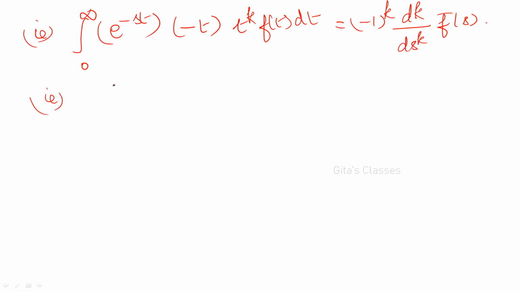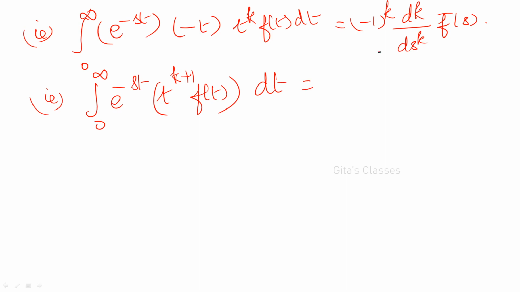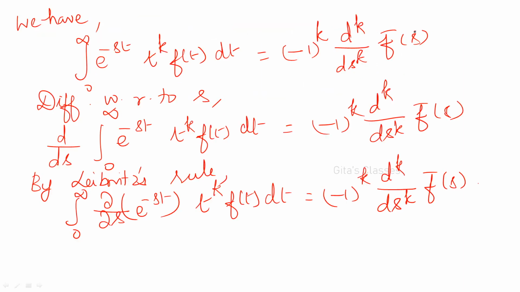Now I am going to combine this, that is integral 0 to infinity e^(-st) t^(k+1) into f of t dt, and the minus I am bringing to this side. Already we have (-1)^k, so this will become (-1)^(k+1). Sorry, on the right hand side one more d by ds you have to write.